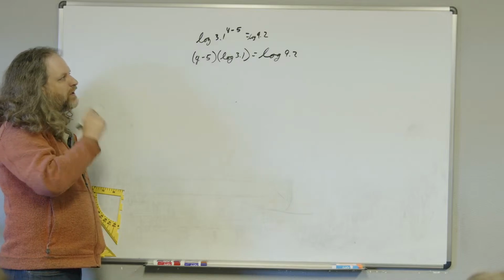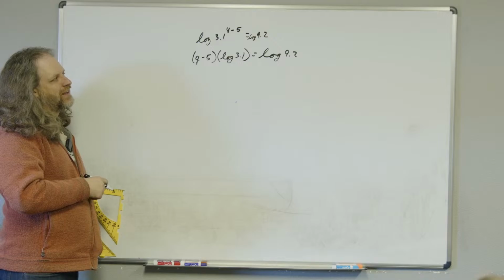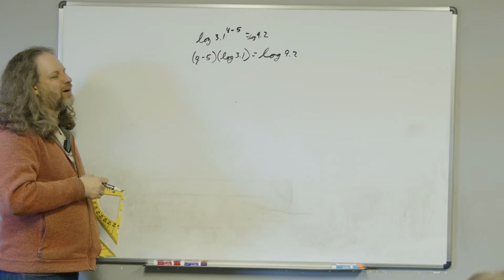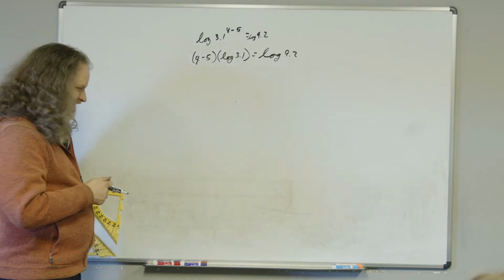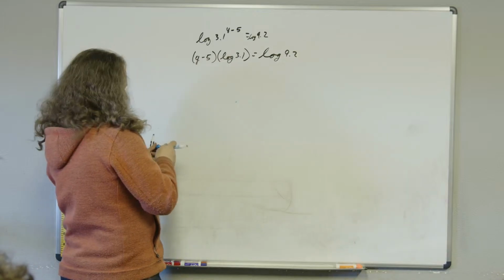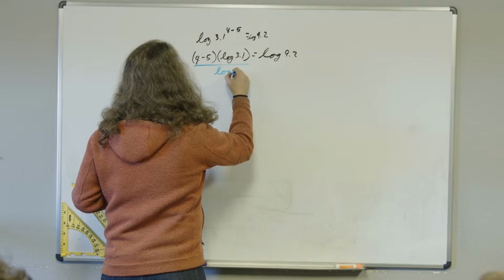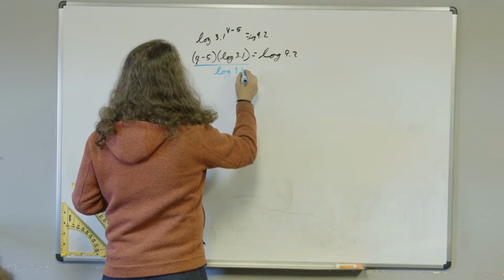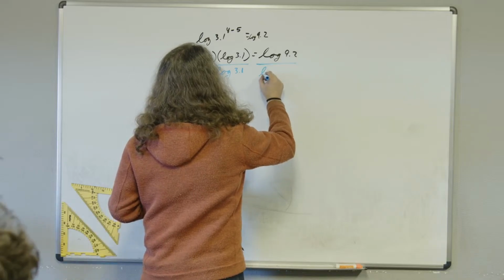I was really hoping you would say that, and no, that's definitely not what we should do right now. We could distribute, but there's a much easier path here. Divide by the log of 3.1. Yeah, we could just divide, because it's multiplied times everything. That's much easier, because we're going to end up with a giant mess if we do it the other way.